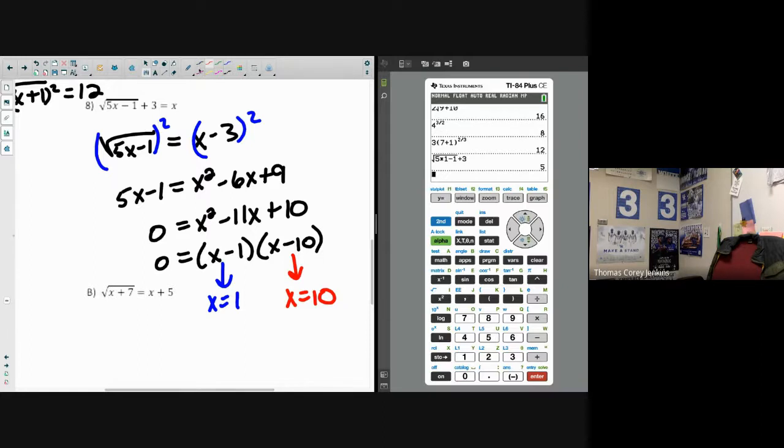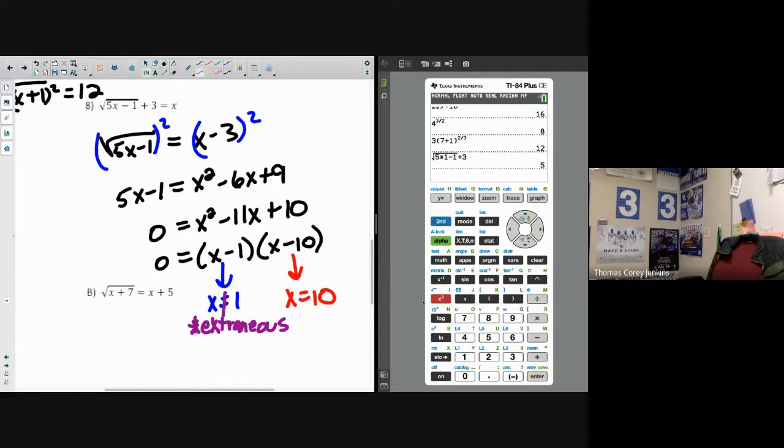So at that point, we know that either we've made a mistake or this is what we call an extraneous solution, extraneous, okay? Which means we might have solved correctly, but it doesn't work, okay? So x doesn't equal 1 for this equation, so let's check the 10.